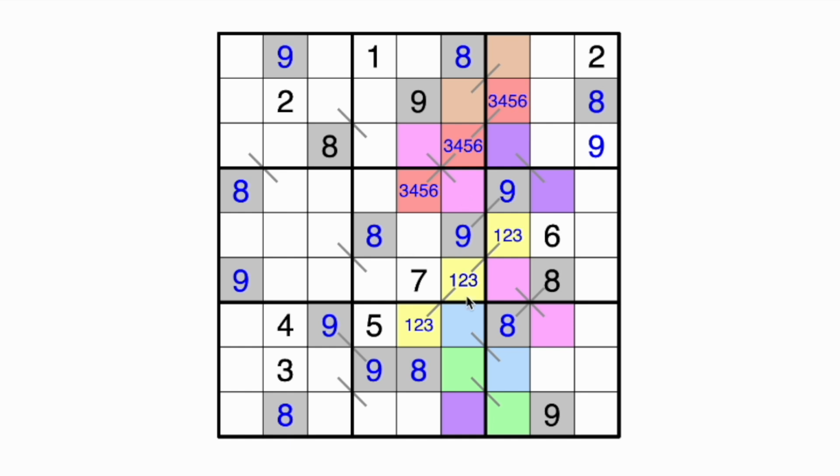Not this one. Okay, let's do that one. Corner mark 1 in these 2 cells. Either it's yellow or it's this one. If it's that one, that makes it blue, green, or purple, none of which seem to be a problem up here.